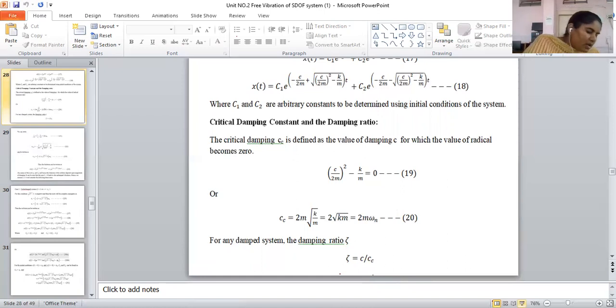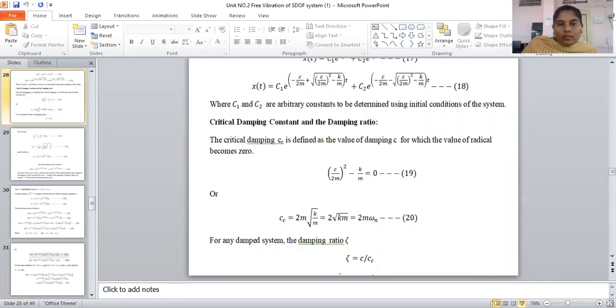We have to apply the boundary conditions over here for the solution of the equation. Okay, now we can move forward.